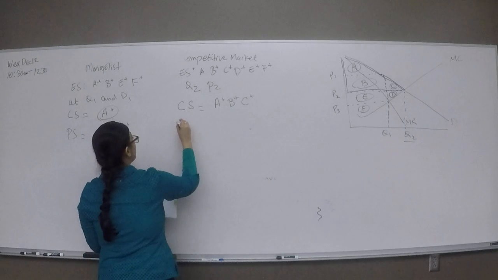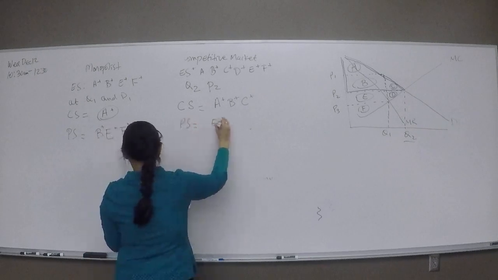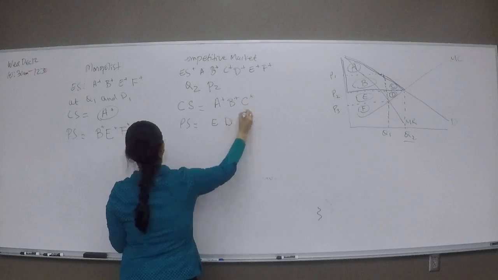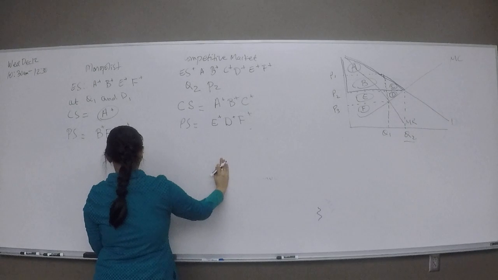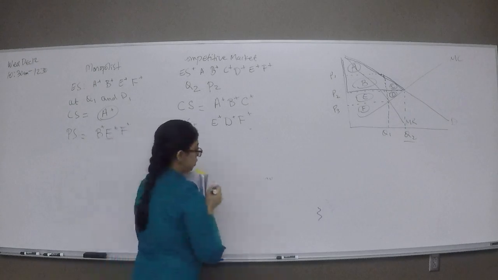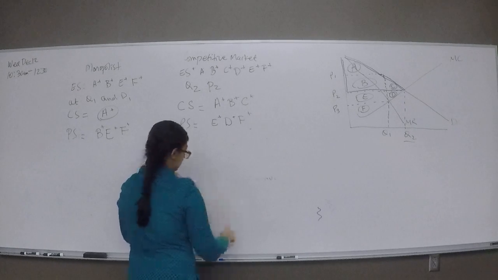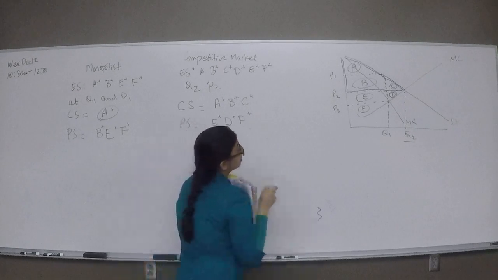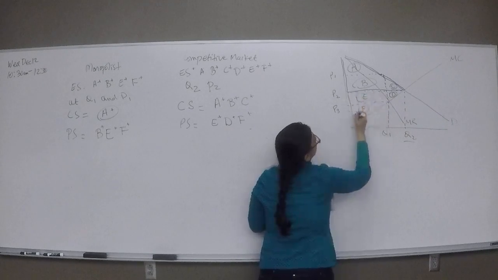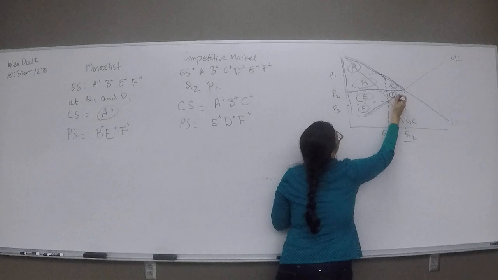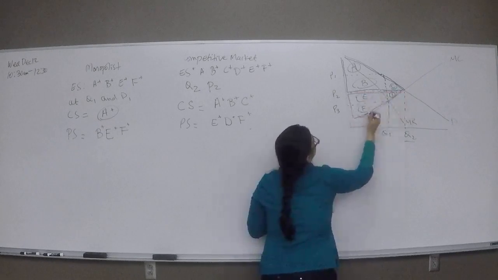And the producer surplus is E, D, and F, which is the area left of the supply curve. This is the producer surplus.